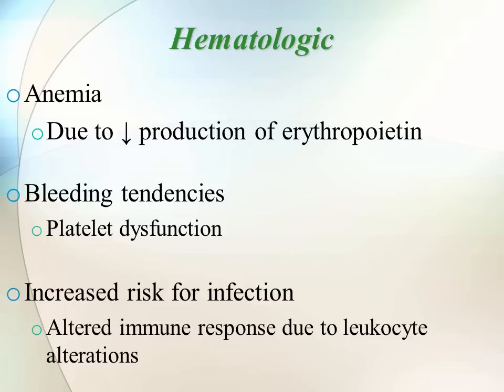Patients with chronic kidney disease are immunocompromised because the kidney is part of the immune response. And when we have all this uremia, it affects leukocytes. So what we have is a decrease in T cell activity and impaired phagocytosis.